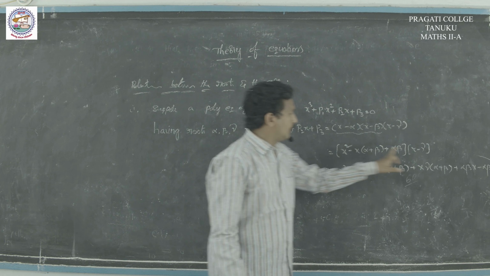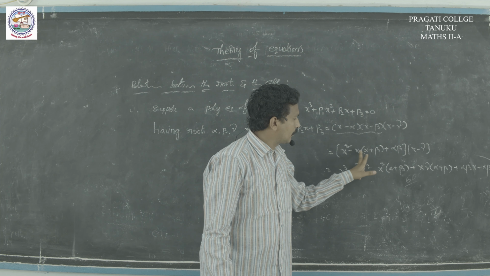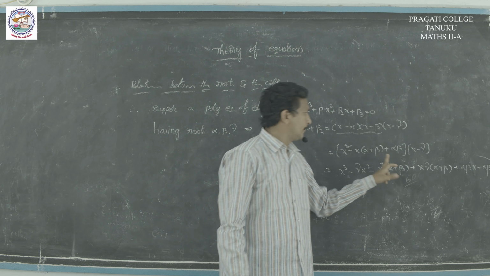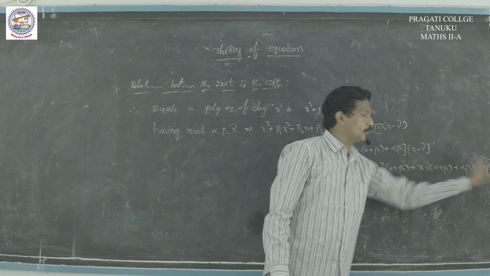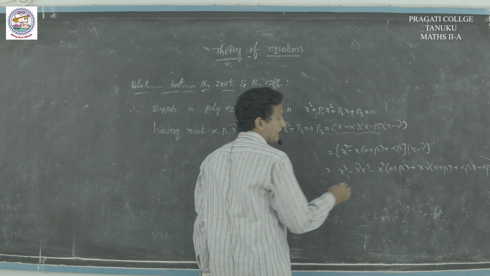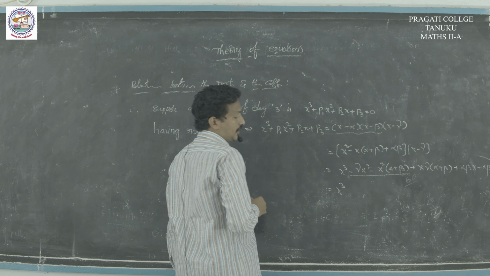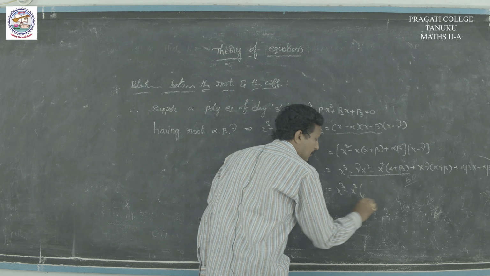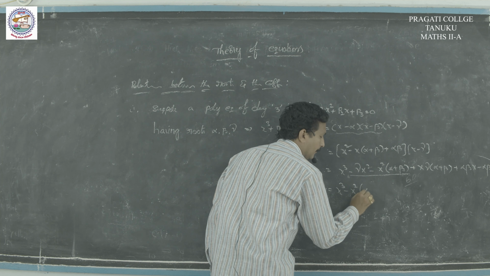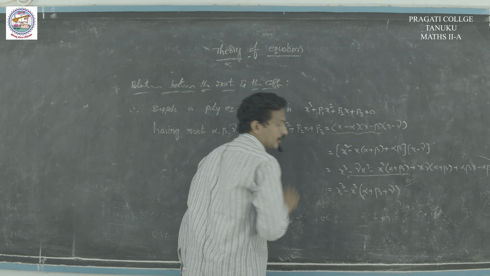Okay, the first term is x cube. Minus x square is the common factor of the second terms. So the common term is minus x square, and the remaining term is alpha plus beta plus gamma, because minus is also common.